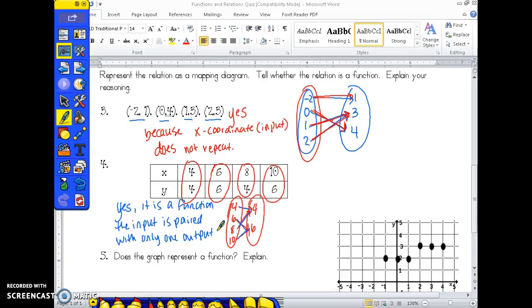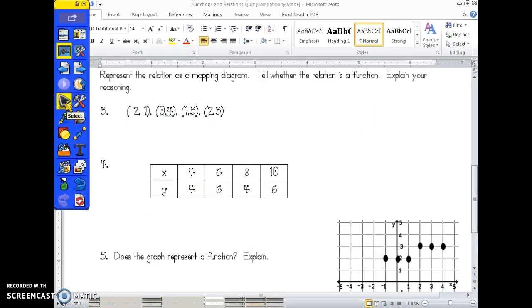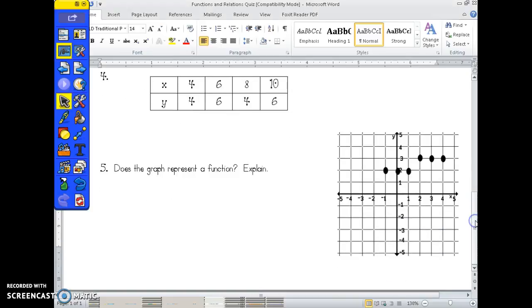And number 5, does the graph represent a function? When you have a graph, we know that we did the vertical line test, but if our ordered pairs, our points, are not connected, you can connect them going from left to right, or you can just look at each point and see that there's no point that lines up with this ordered pair.